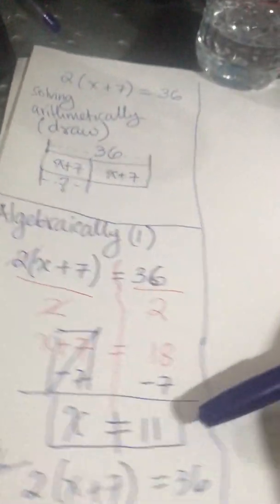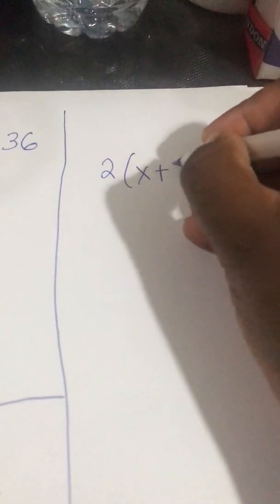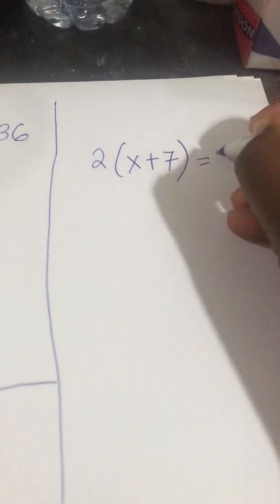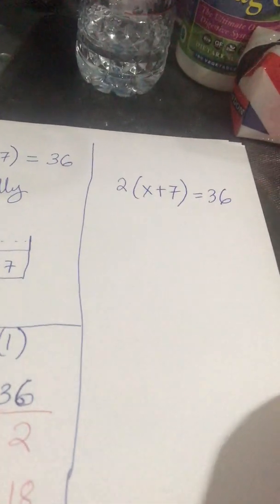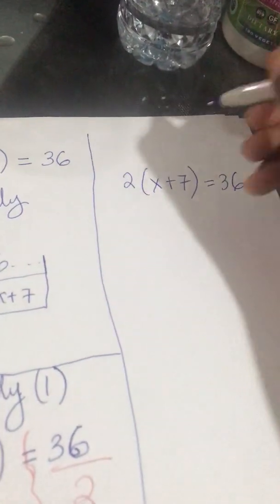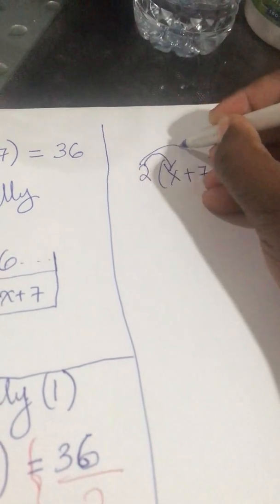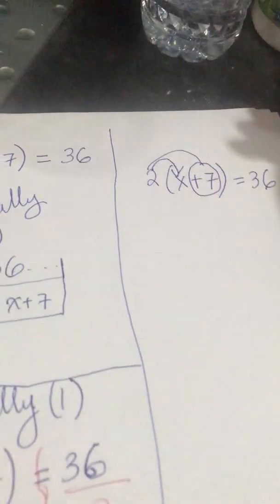Now let's do this same question a different way. So we have 2x plus 7 equals 36. And here, I can do distributive property. 2 times x, 2 times positive 7.